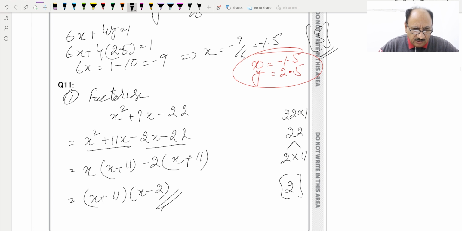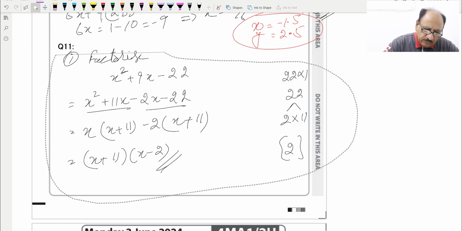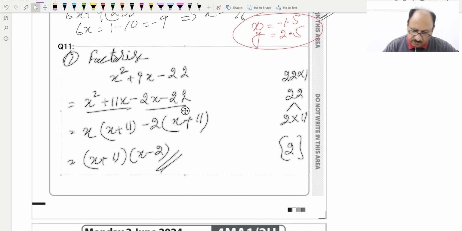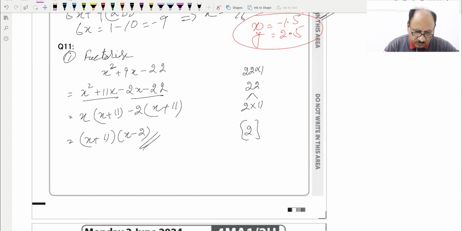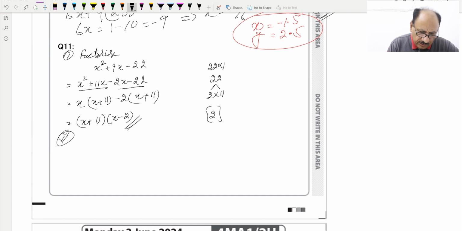Now the second, I will solve the second here. So I will be shrinking this to a little smaller readable size, and now they are saying what we need to factorize. For the second part we have to just solve this equation, x square plus 9x minus 22 is equal to 0.